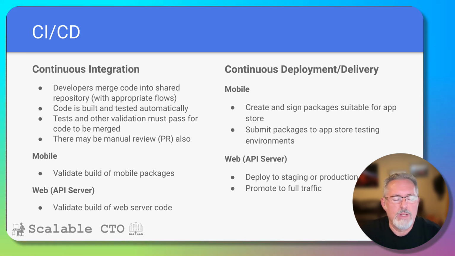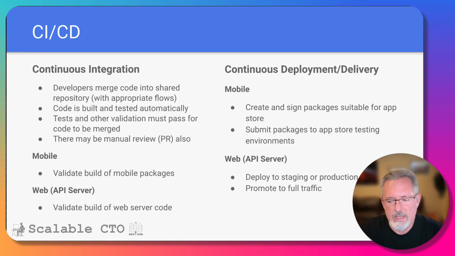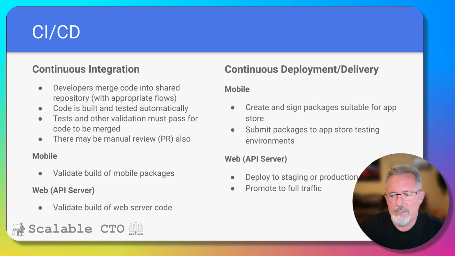And when you do those reviews, you'll have gone through a build and test cycle typically before you can push to main. So we'll build the code, we'll test it, we'll run unit tests, we'll do other kinds of validations, maybe a linter, maybe dependency validation, maybe static code analysis, any sort of code quality checks that need to be done before code's checked in, and also manual PR review. So this is sort of the normal GitHub flow that people are used to.